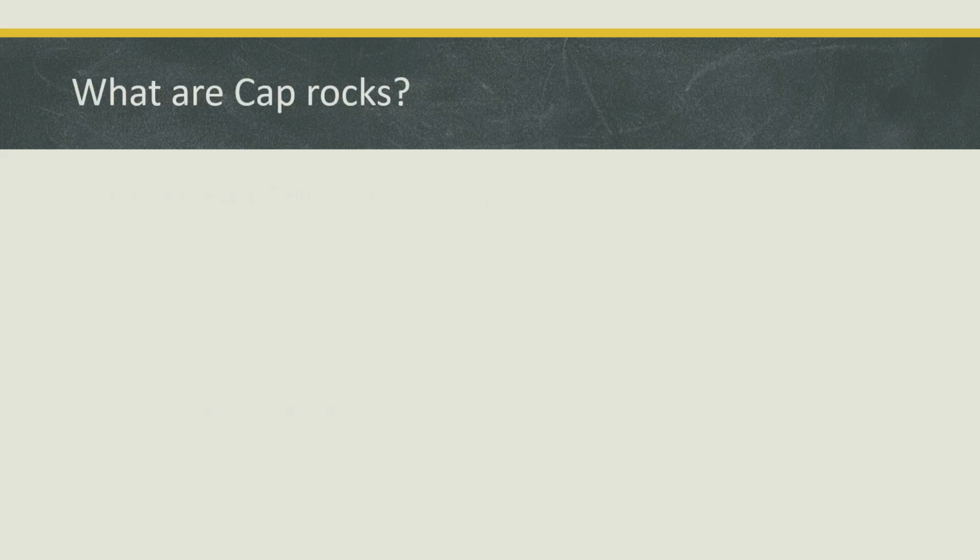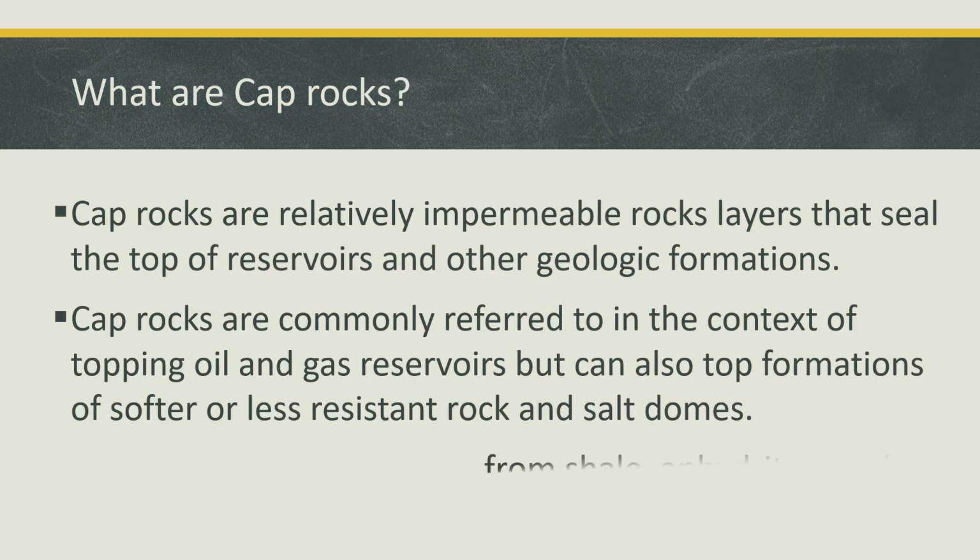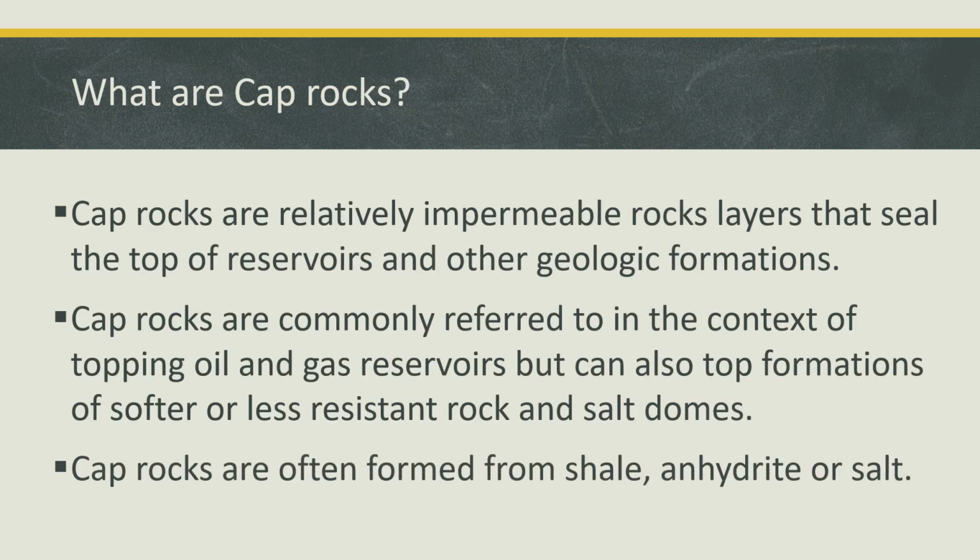In this slide, we will discuss what cap rocks actually are. They are relatively impermeable rocks that seal the top of reservoirs and other geological formations. Like the word is self-explanatory, cap means a lid, like a cap of a bottle.